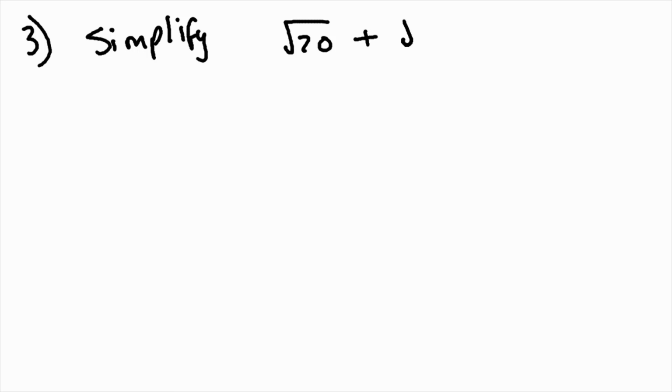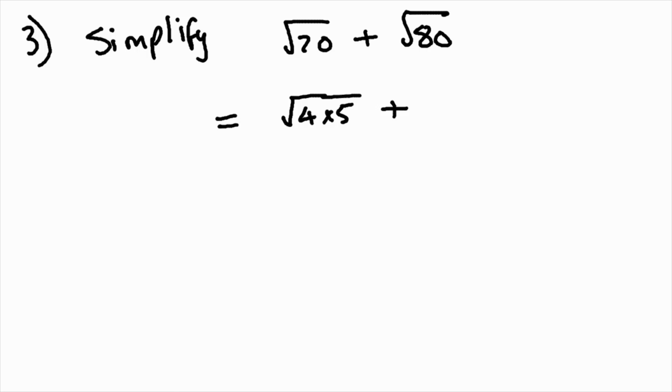Our final example is to simplify when we have more than one surd. So simplify root 20 plus root 80. Again, we're going to look for things that are going to be square roots. Root 20 can be represented as root 4 times 5. Now, root 80 can be represented in different ways.